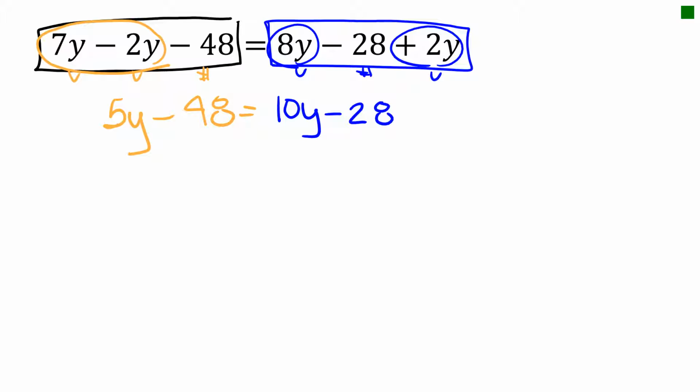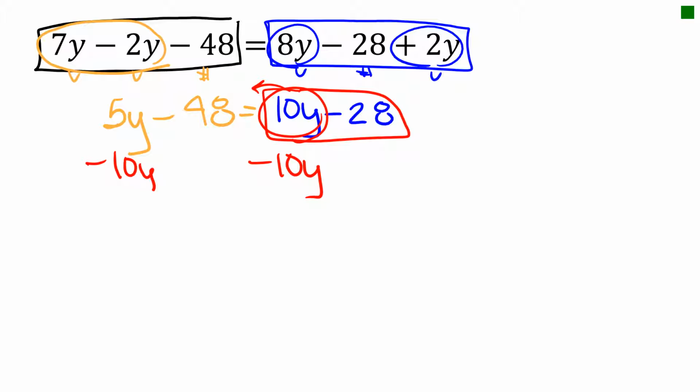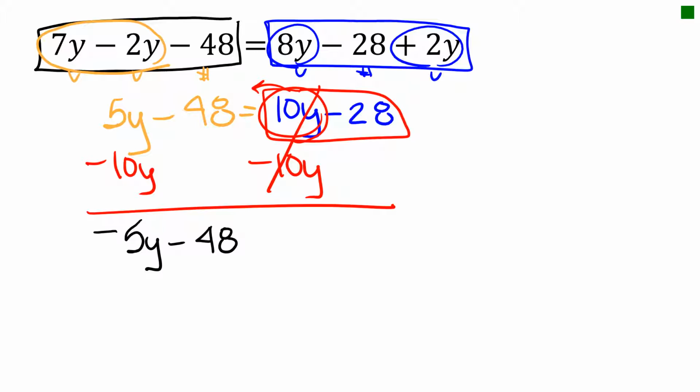I need to move that variable term from the right-hand side. I'm going to move 10y over by subtracting 10y. Those cancel. So I have 5 minus 10y is negative 5y, minus 48 is equal to negative 28.